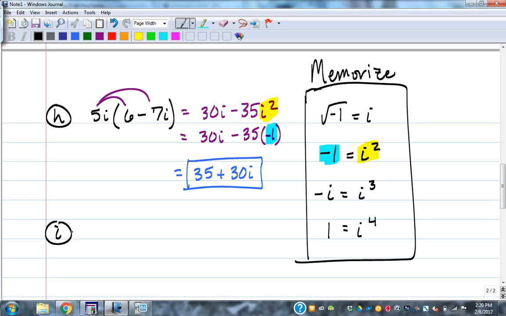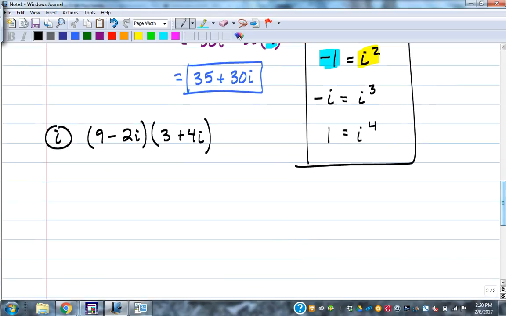Let's look at what if we're multiplying two standard form complex numbers like 9 minus 2i times 3 plus 4i. It's like two factors we're multiplying together, like x plus 4 times x plus 4, something like that.